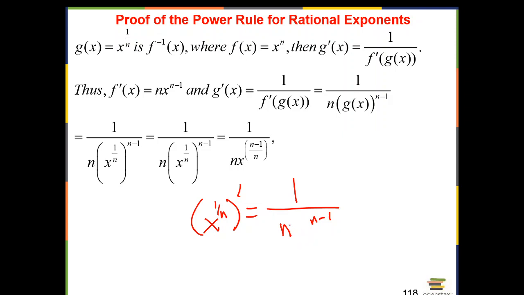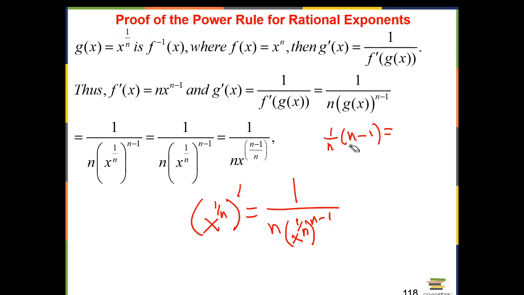But instead of x, we're going to put what? Instead of x, we're going to put this function, which is x to the 1 over n, right? Now we simplify that. You have to multiply the powers, right? So n minus 1 times 1 over n.